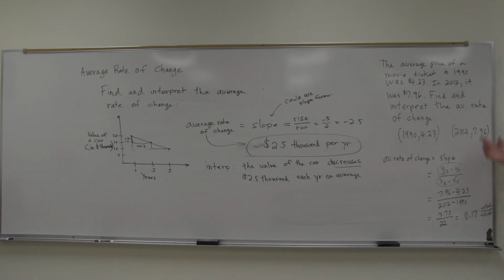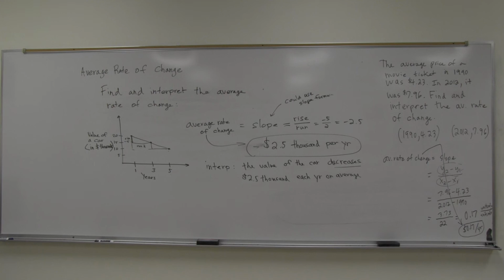The units of Y is just dollars, so it'd be dollars per units of X, just years. I think there is one in the book where they do months, but you just have to watch years or months. So that's my average rate of change right there: 0.17 dollars per year.